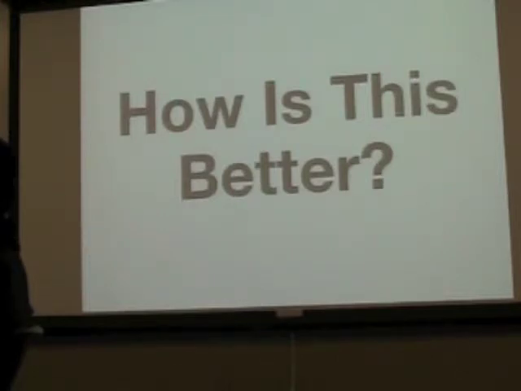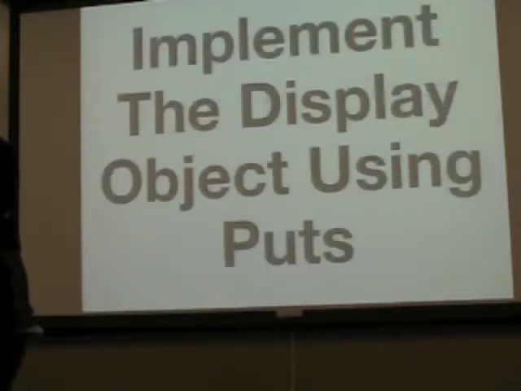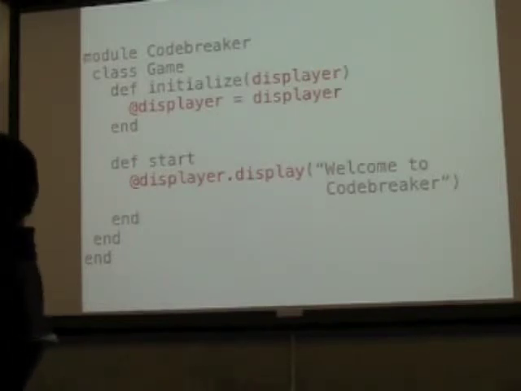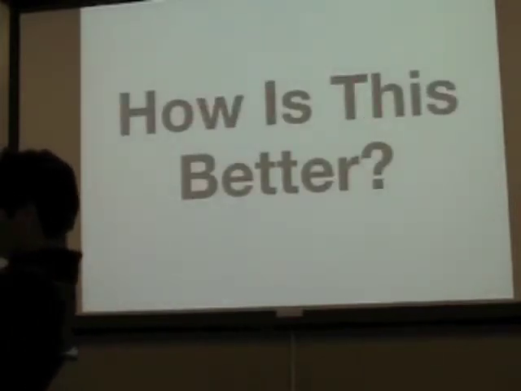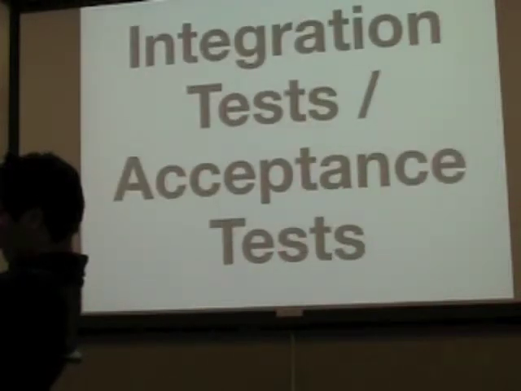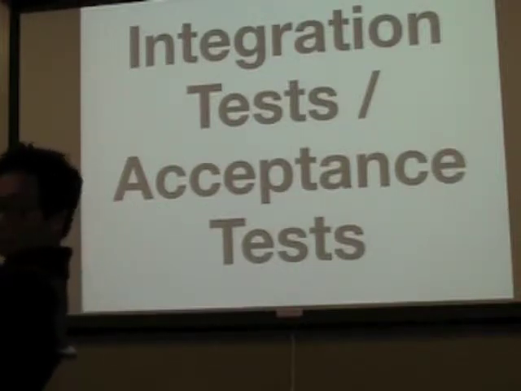And the idea is you want to decouple the logic of the startup from the logic of the display. And so that's what you would do. You would say it should send this message to some object responsible for the display. Now, what about testing the display object? That's what integration tests and acceptance tests are for. You don't generally want to mock out a concrete object that you don't own. You want to test that with the whole of your system.